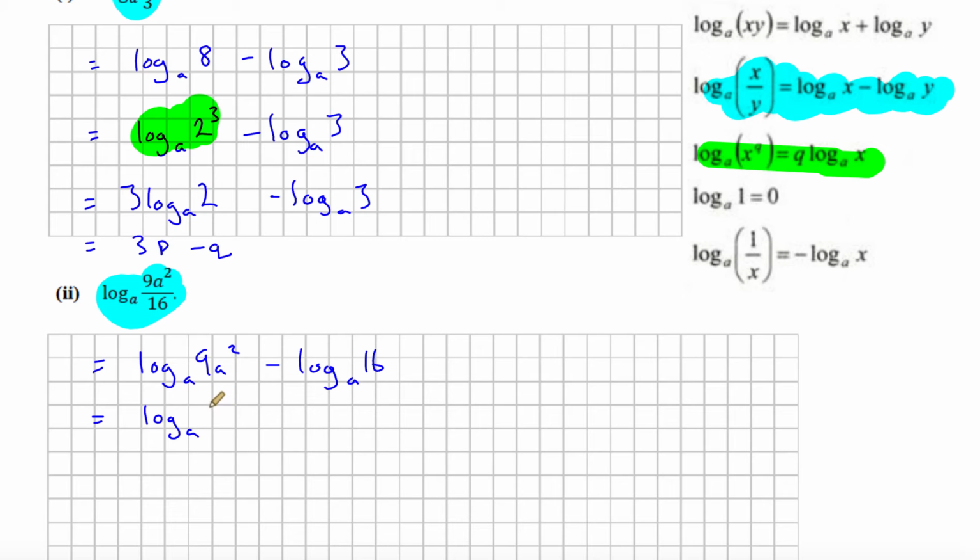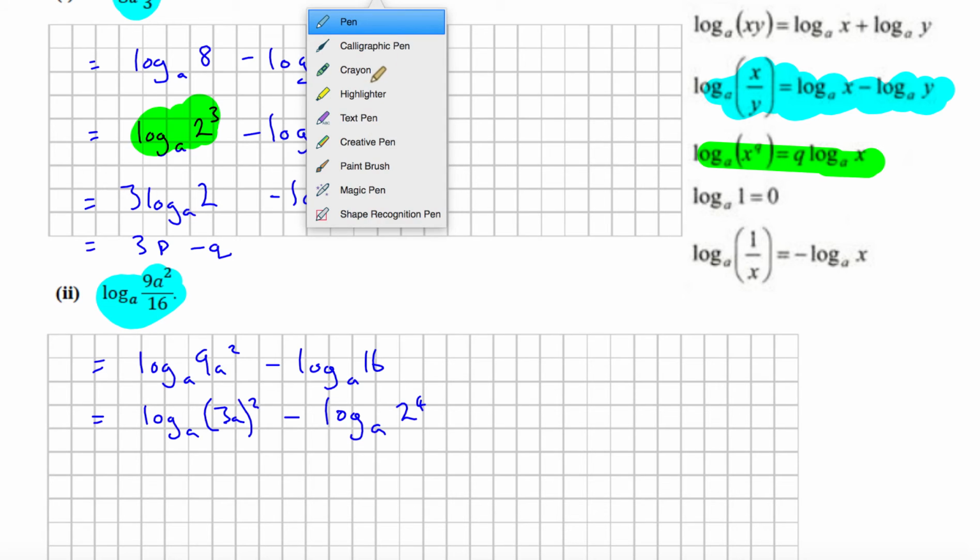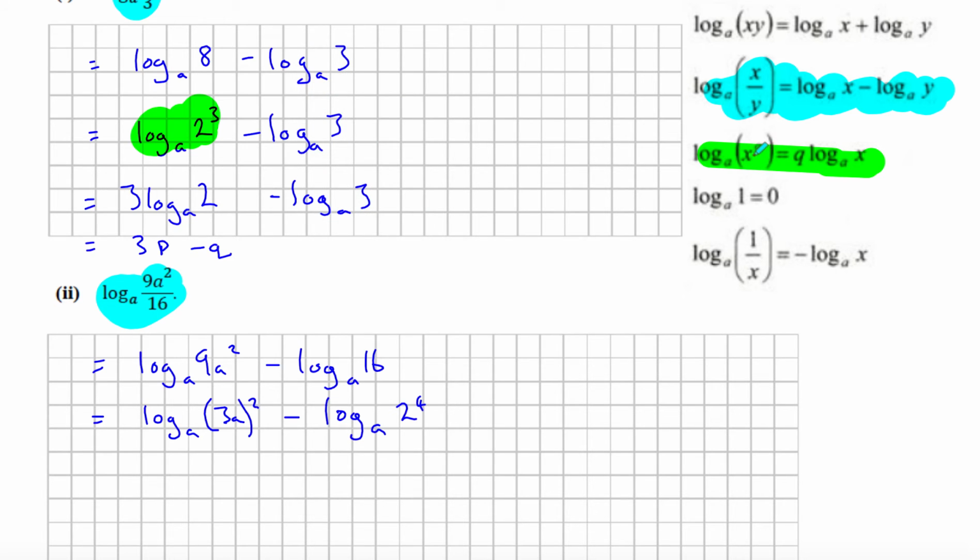Okay, so from here, 9a squared is really just 3a all squared, and that's log to the base a. Now 16, I'm trying to involve 2 or 3, but I know 16 is actually 2 to the power of 4. So I'm going to change that 16 to 2 to the power of 4. Now I'm going to apply the law in green here, just to this part.